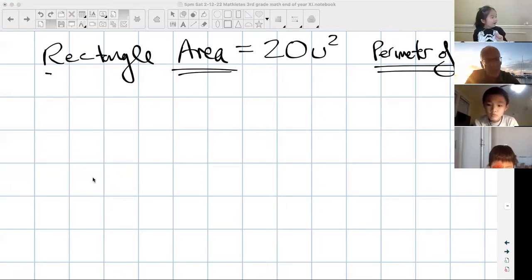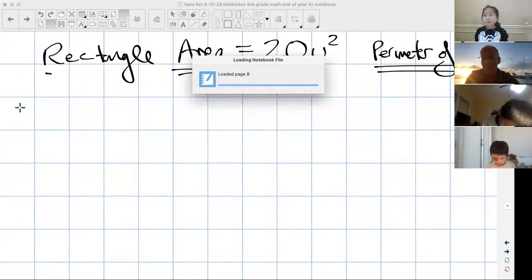And if you finished creating your rectangle with a perimeter of 20 and an area of 20, then create another one, a different one.